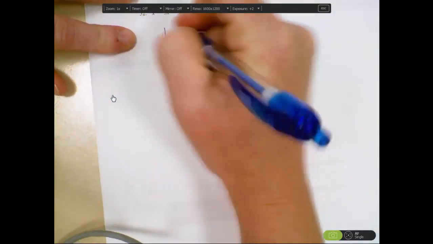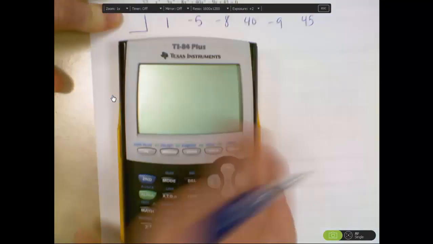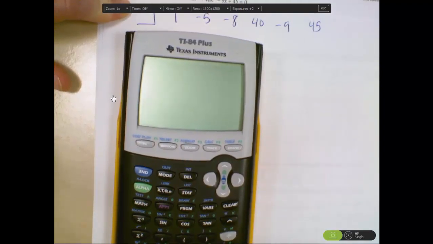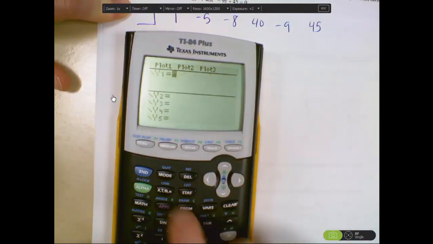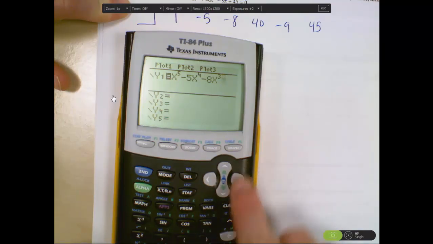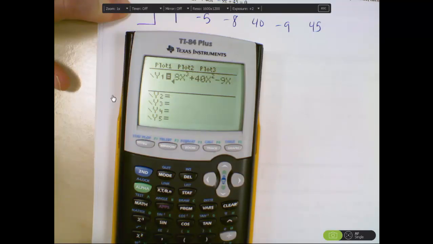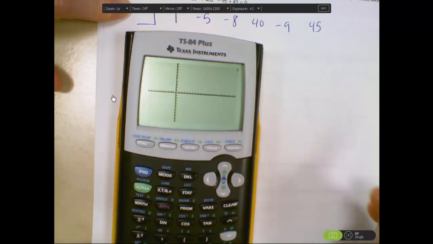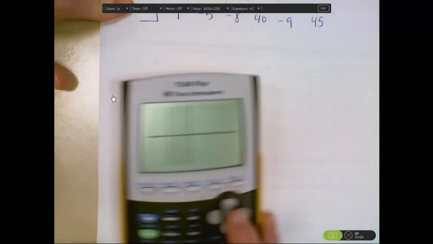We have 1, -5, -8, 40, -9, 45. I'm going to go on the calculator and find one of the actual roots. Looks like -3 is a root, just from looking at it.